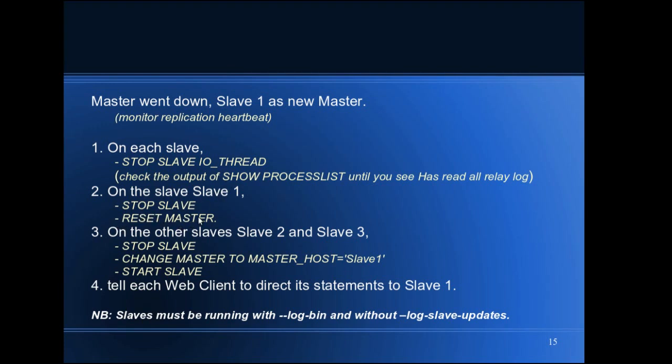What reset master does is it removes the change master command that we saw while setting up these replications, and it deletes this change master statement from the slave 1 host. That means this particular host is not pointing to anybody, so it's no more a slave of anybody.